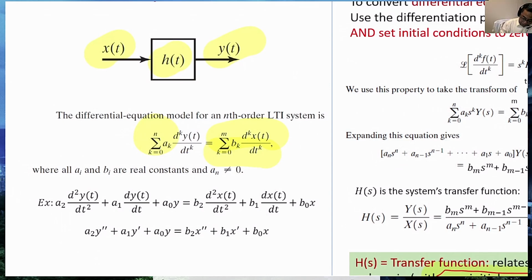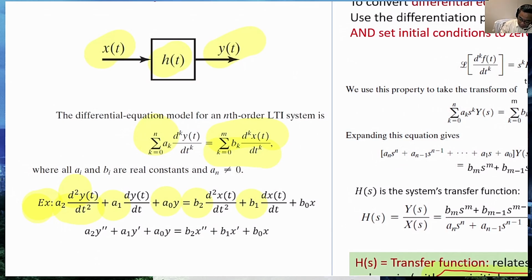So we have a differential equation describing this system. What can we do? Well, let's have a concrete example of a second order. So we have a second order system, and let the coefficients be constant coefficients. We are only focusing on constant coefficients, so all the a's and all the b's are constant, real numbers.